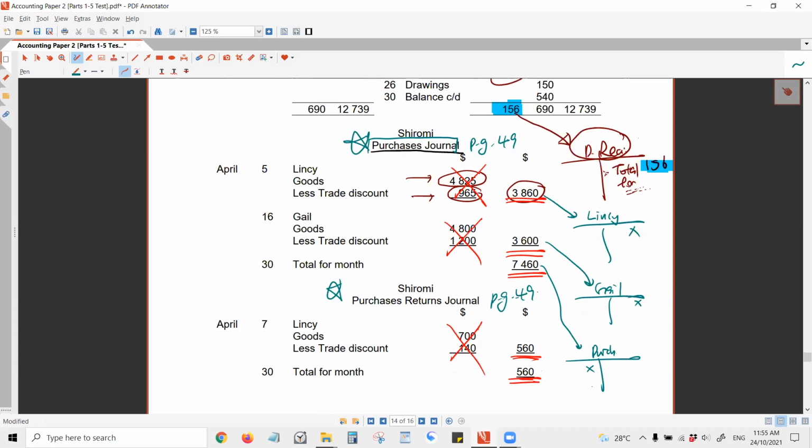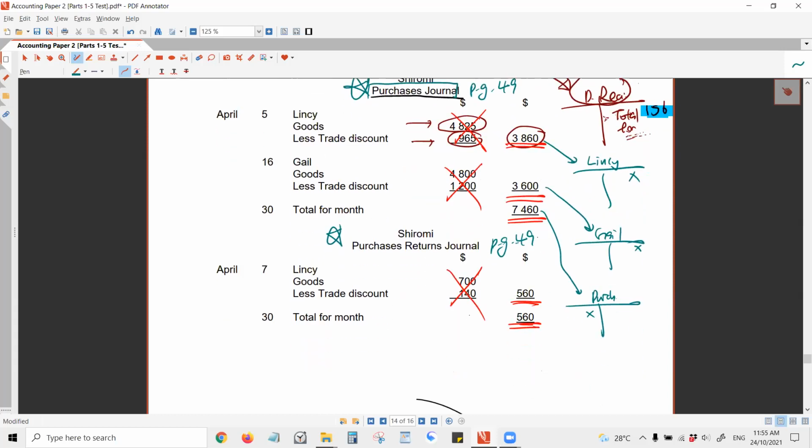And purchase return journal: 560, carry to Lindsay account, debit side. Total, carry to purchase returns account, credit side.